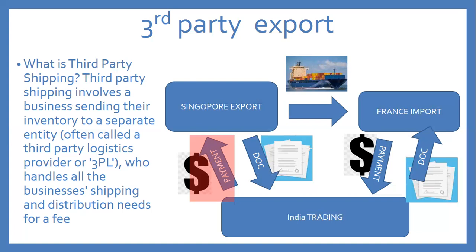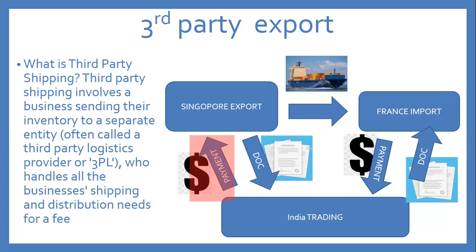Before getting this document, the France importer needs to make payment because the shipment is under document against payment. Once the France importer makes payment to the bank, then he can receive the documents. After this process, the documents are received by the France importer, and we receive the payment.